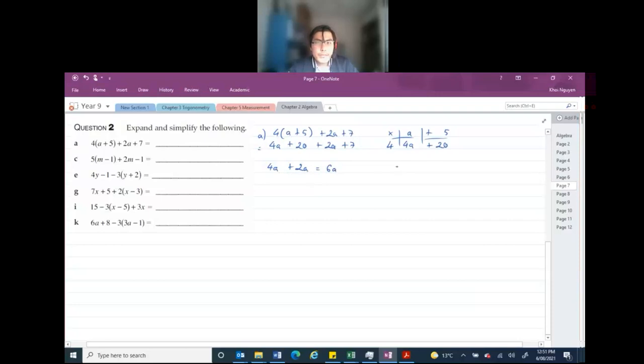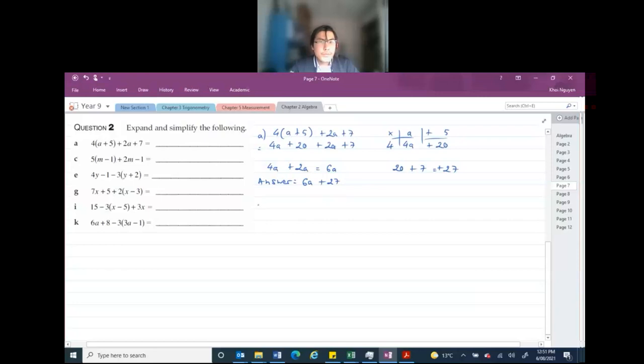And then we have the 20 and the 7 also being like terms, so that's going to be 27. So our answer is going to be 6A plus 27. And the reason I have a plus here is because this is a positive 27.